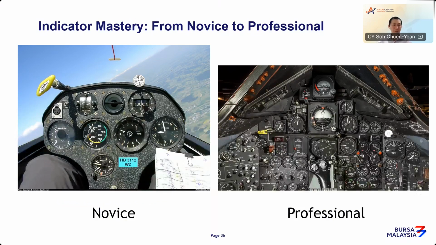Now, if you look at these two pictures, on the left hand side is an airplane with very few indicators. On the right hand side is also an airplane, but if you are more professional, your airplane will look like this. You have more indicators. One thing I want to highlight is that indicators themselves don't fly the plane. You are the pilot, you fly the plane. Indicators are just an instrument or a tool for you to make your decisions.